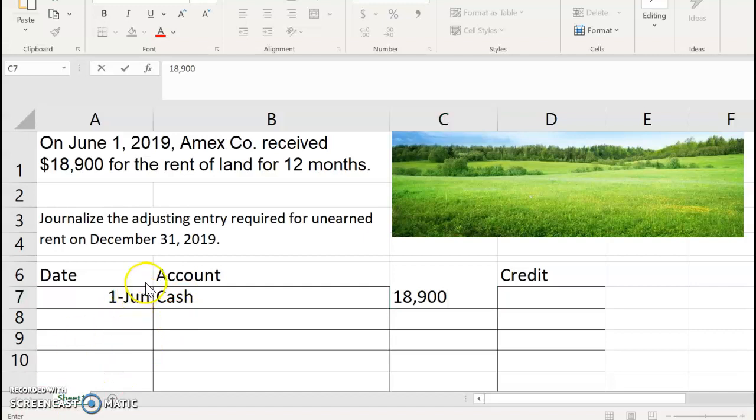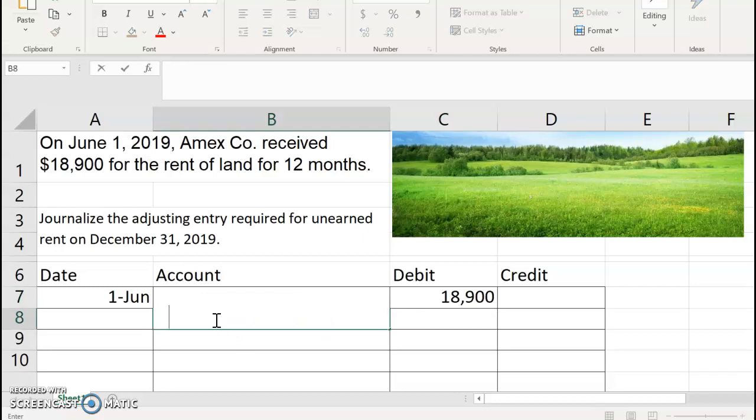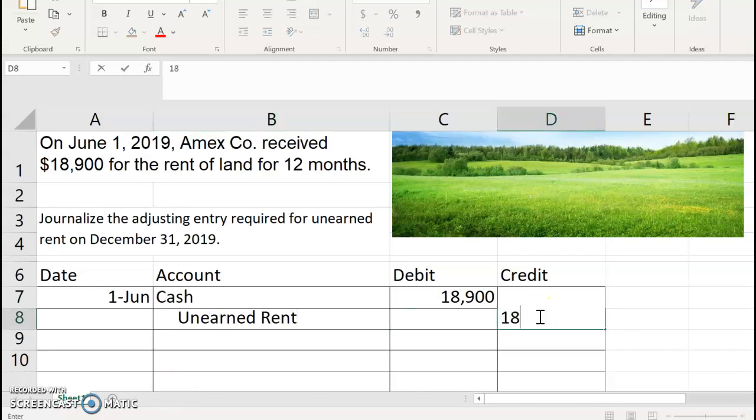And because that rent is going to be for 12 months, he has not earned it. So it's going to go into a liability account called unearned rent. And it will stay in unearned rent until we are ready to update our accounts.